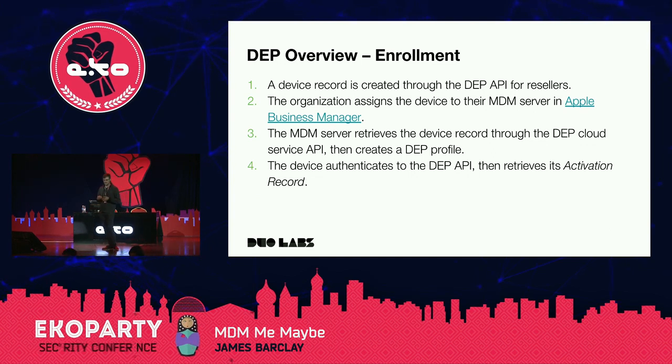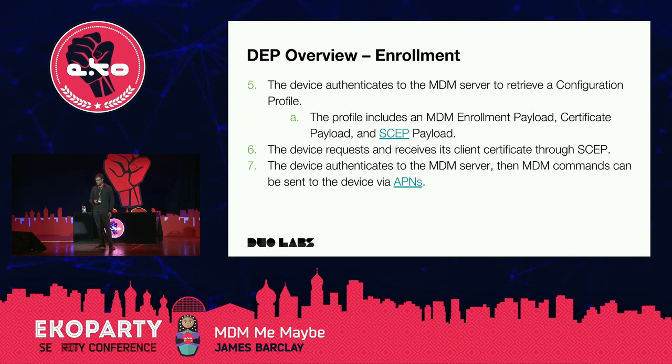I'll be talking about activation records quite a bit in this talk. Next, the device will authenticate to the MDM server to retrieve its enrollment profile. So this contains things like the MDM enrollment payload, a certificate payload, and a simple certificate enrollment protocol payload.